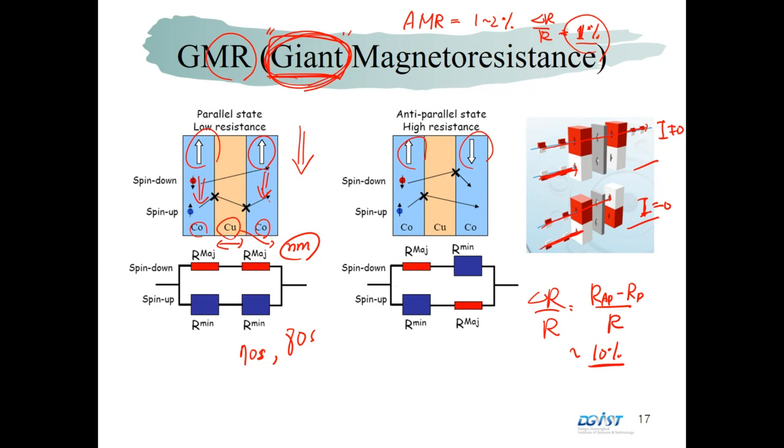So this GMR was found in a special structure. There is a strong coupling between the two layers. We already explained the interlayer exchange coupling.